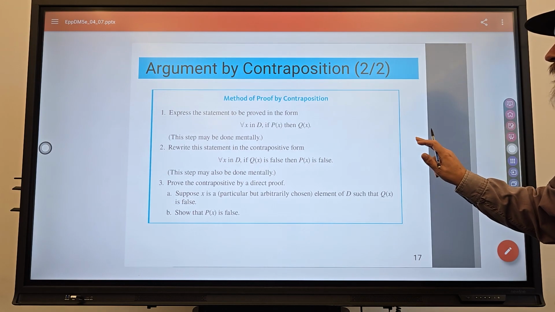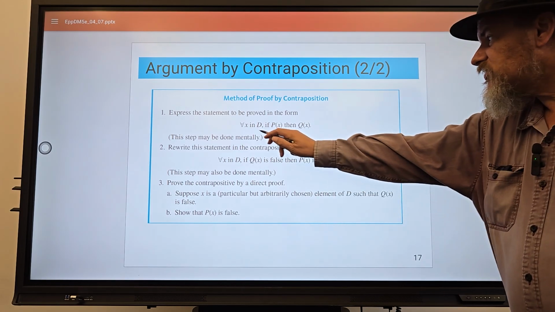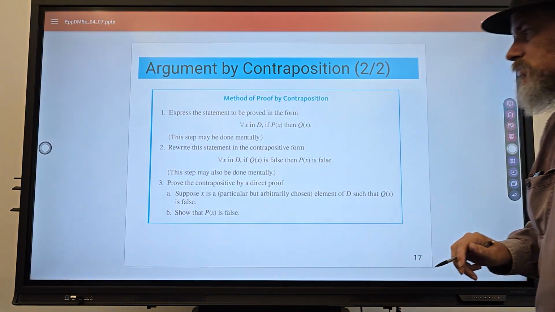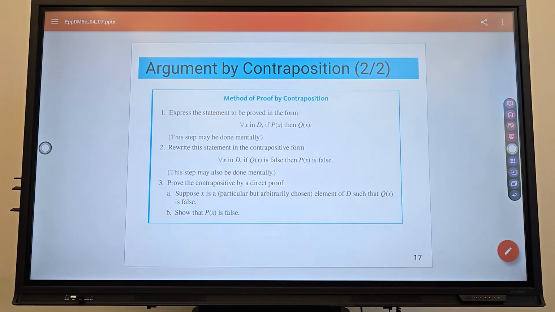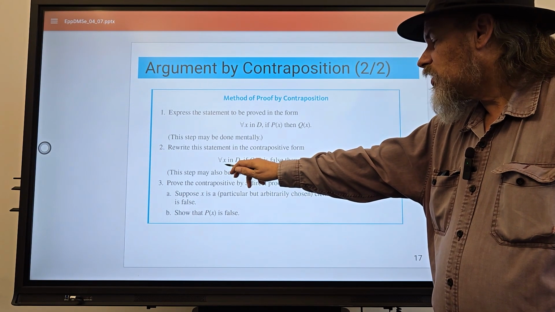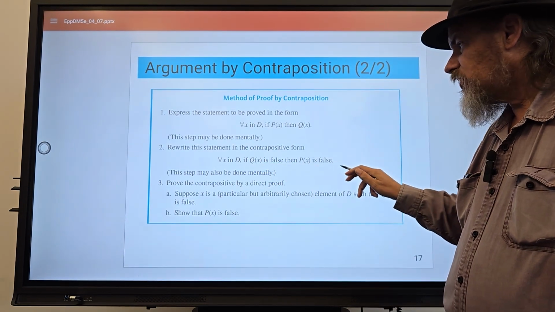So, express the statement to be proved in the form: for all x in D, if P of x, then Q of x. Rewrite the statement in the contrapositive form: for all x in D, if Q of x is false, then P of x is false.